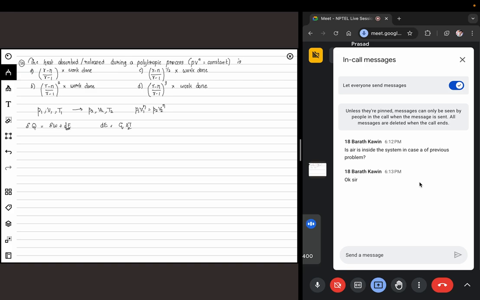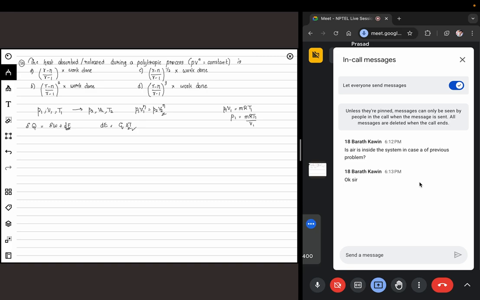So how do I calculate delta T? My relation is here in terms of pressure and volume, so I have to first convert it in terms of temperature so that I will be able to calculate this. Let's say I use the ideal gas equation, P1 V1 equals m times R T1. So I am replacing P1 with m R T1 by V1.